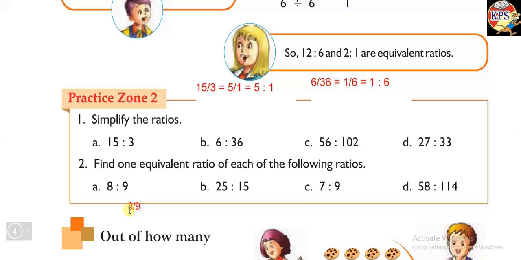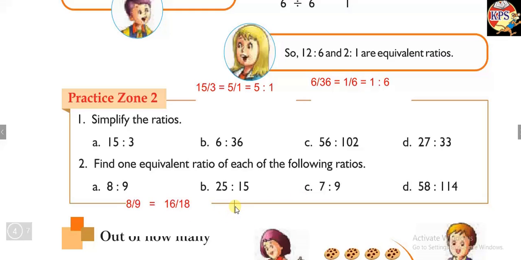That's why we have to multiply by 2 or any other number you choose. Suppose we multiply 2 in the numerator and 2 in the denominator, we will get the answer 16/18. So this is the equivalent ratio. This is how you will find the equivalent ratio.